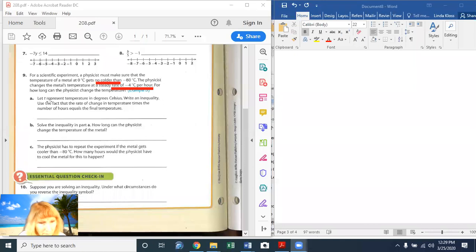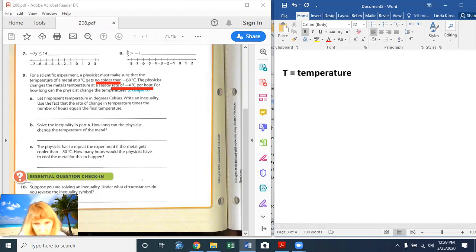So letter A. Let T represent temperature in degrees Celsius. Write an inequality. Use the fact that the rate of change in temperature times the number of hours equals the final temperature. So if I go over here, T is going to equal temperature, correct?